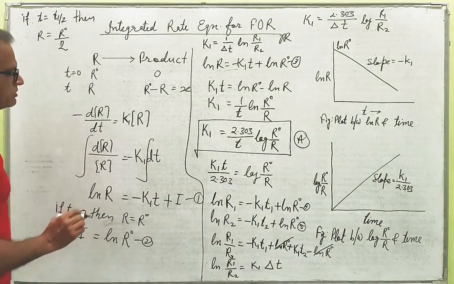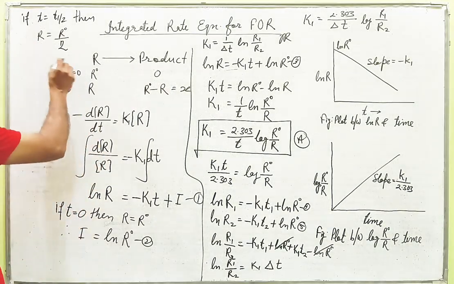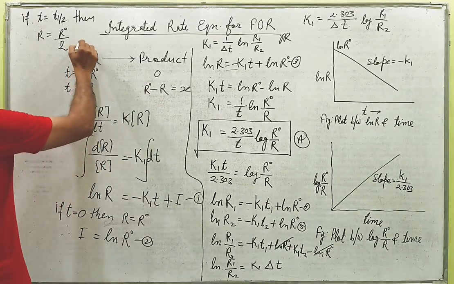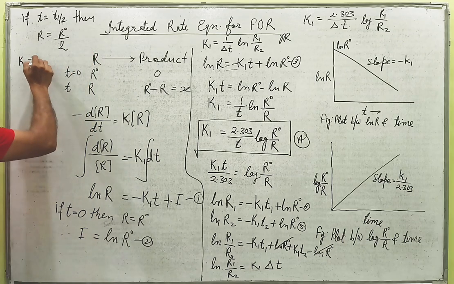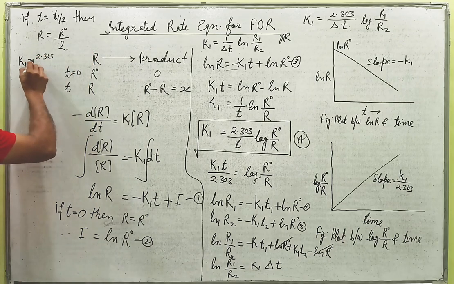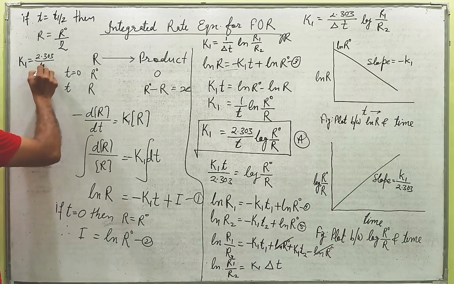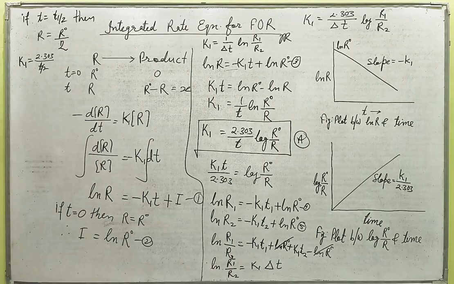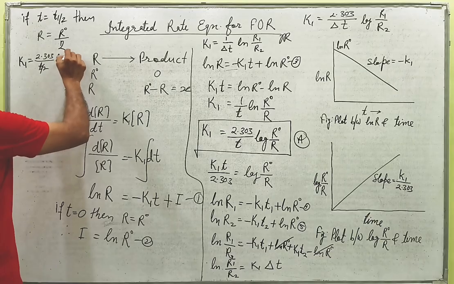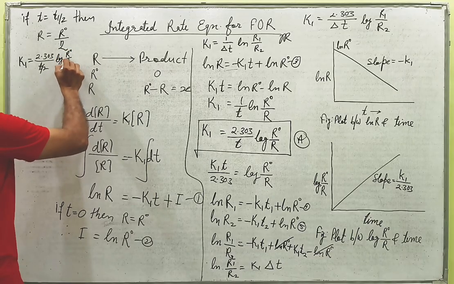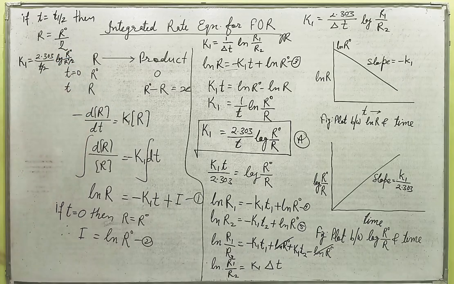we can put the value now. What we will get then? K1 will be equal to 2.303 upon t half, because instead of t we have t half now, okay, and log r naught upon r naught by 2, because r is equal to r naught by 2.